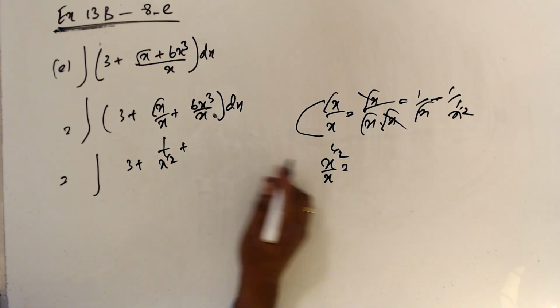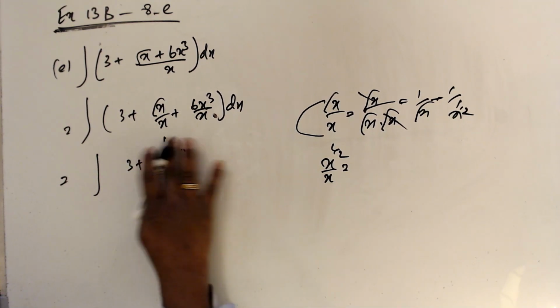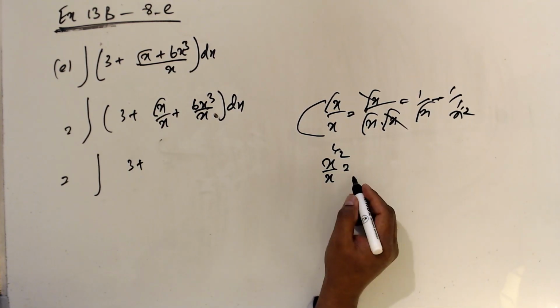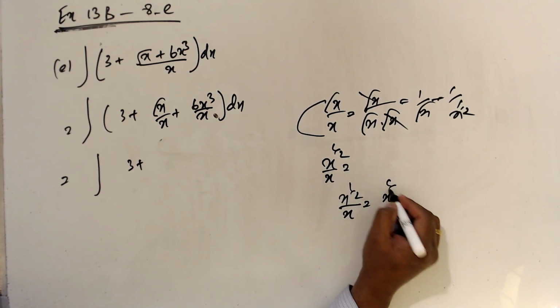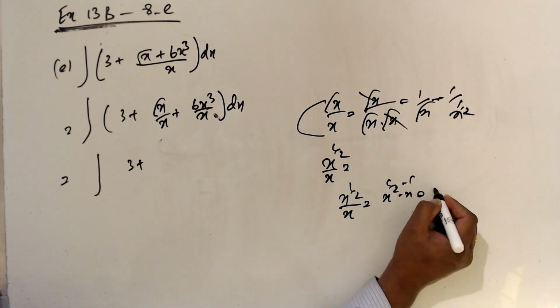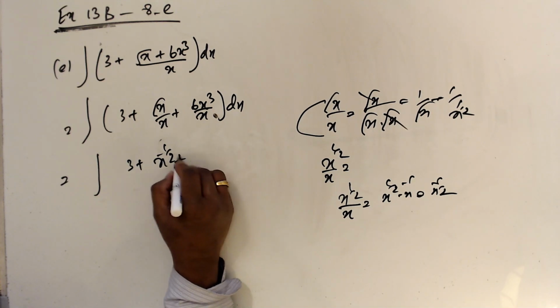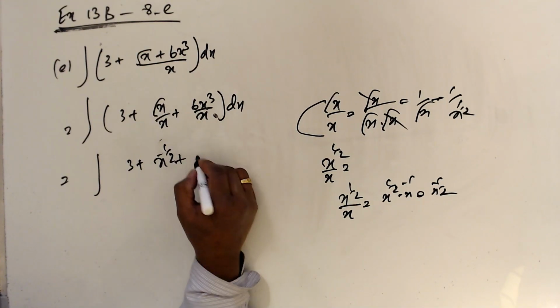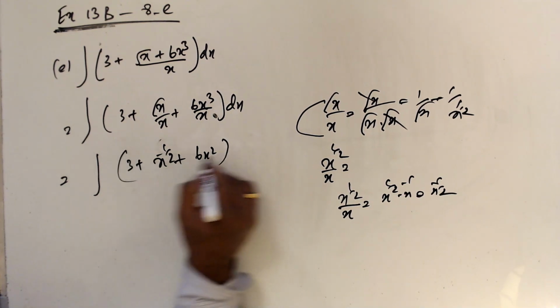Okay, we'll work like this. X half over x means x half times x minus 1, x minus half. So I'll write x minus half plus this is going to be 6x square dx.